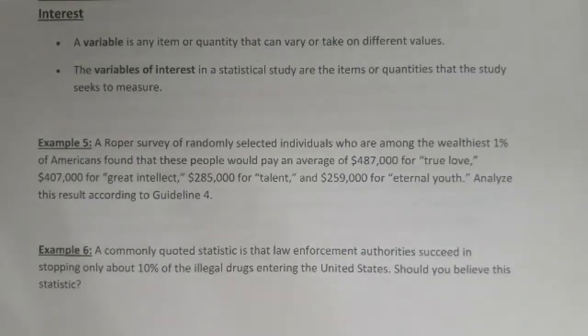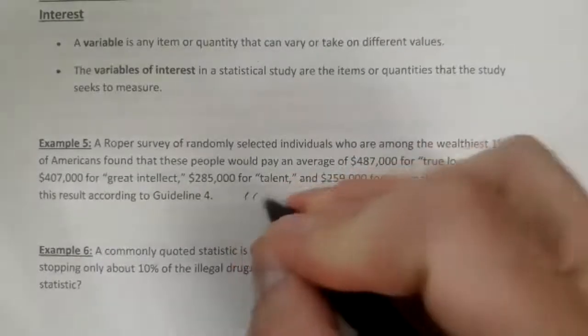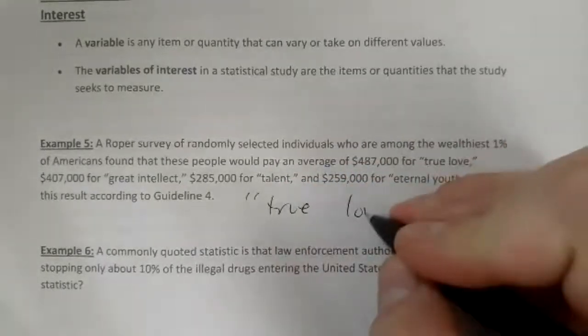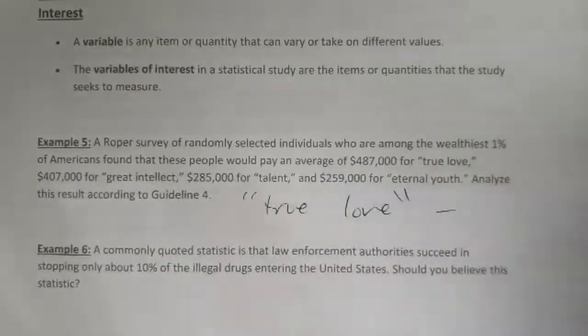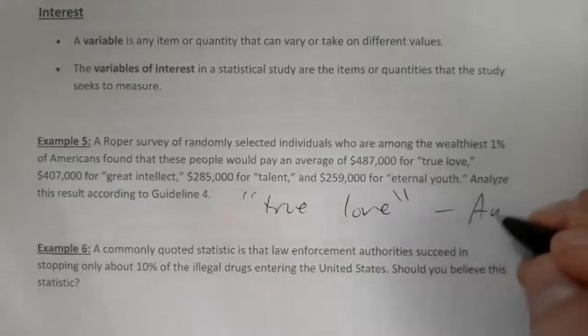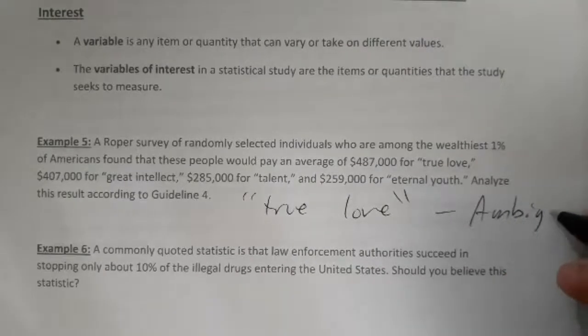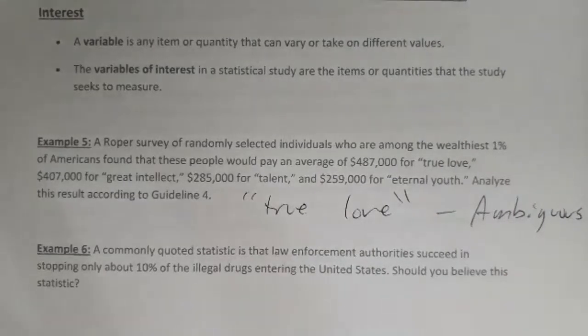So we want to talk about ambiguity, right? That is the key word here. How are these things ambiguous? We want to talk about true love. What is true love? How do you define true love? Go ahead and try it. I don't know. This is a very ambiguous sort of term, all these things, right?